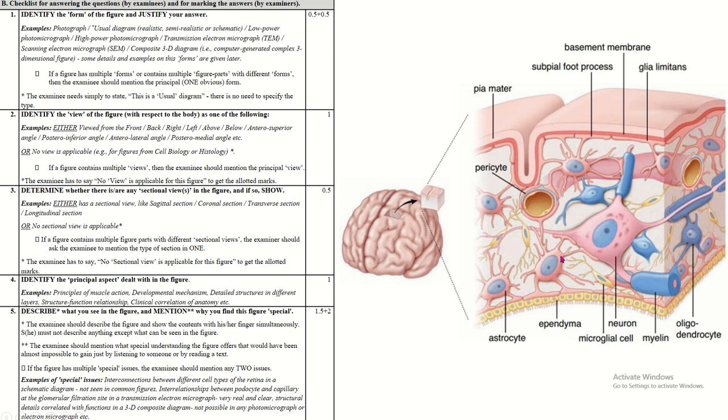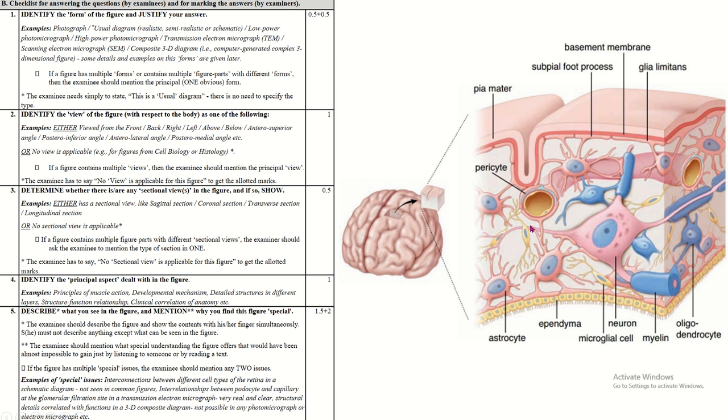And lastly, identification of the principal aspect. By this figure we can understand the relationship between neurons and different types of neuroglia within the nervous tissue.